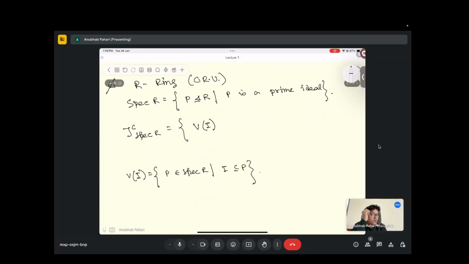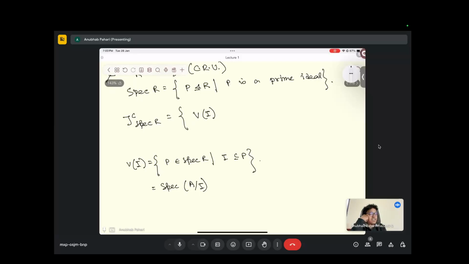That is, all prime ideals containing I, or you can say Spec of A by I, right? This is interesting because you know that there is a one-to-one correspondence between the ideals containing I and ideals of A by I, right?